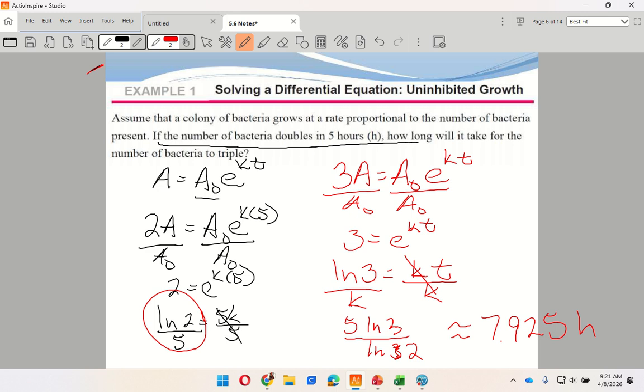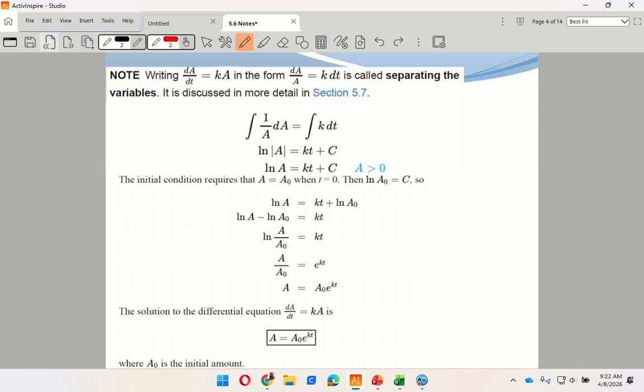Okay, because you might have missed this, where we went back to and it said we're trying to get the bacteria to triple. So you know how much it doubled? I know, but I don't get how you got rid of A with A sub naught. Okay, see this right here?